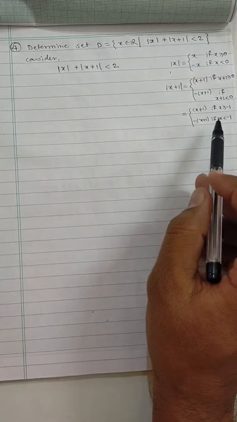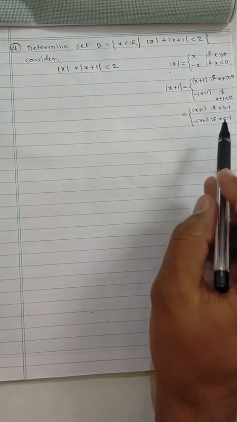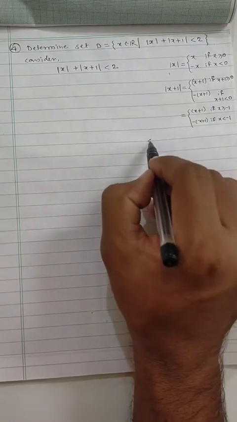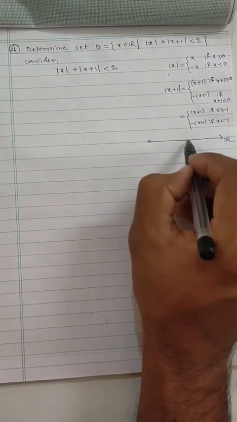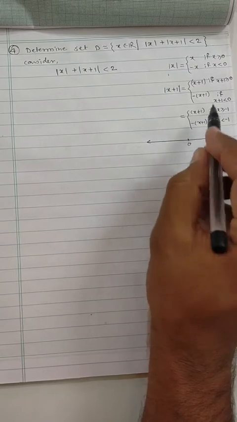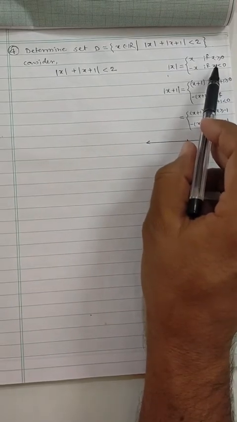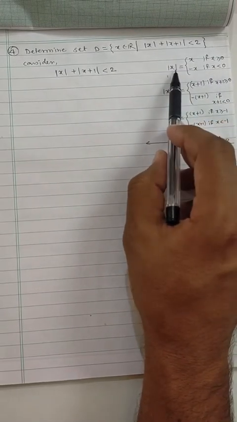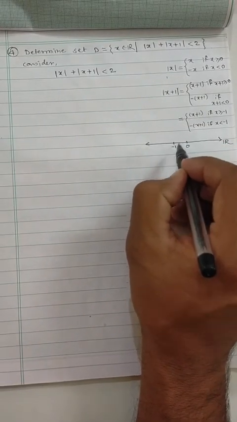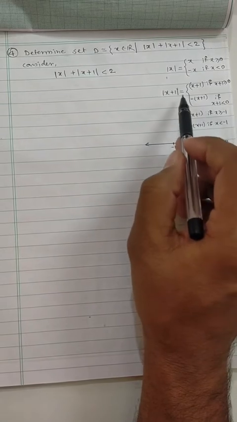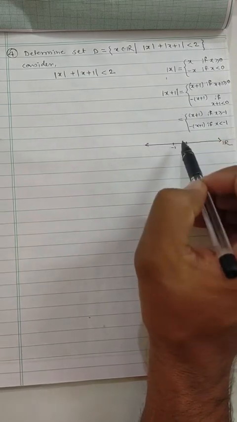So we can have the partition of the real line. The points to be identified should be 0, which is involved in the definition of absolute value of x, and then minus 1, which is involved in the definition of absolute value of x plus 1, right?